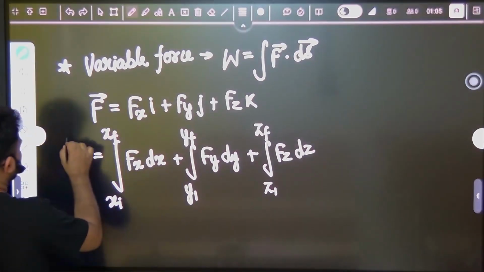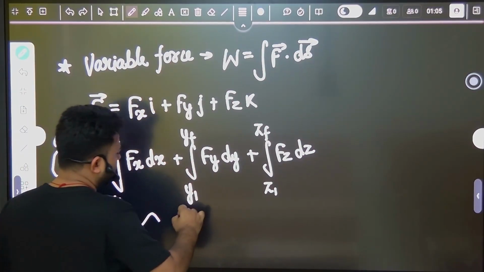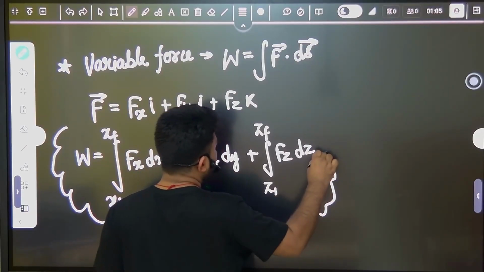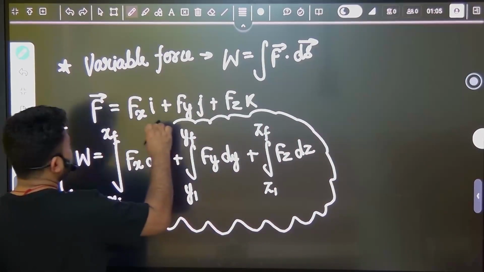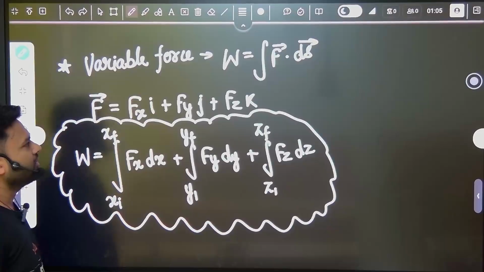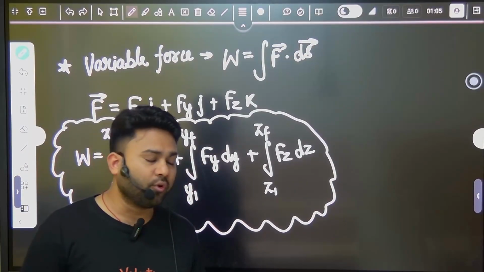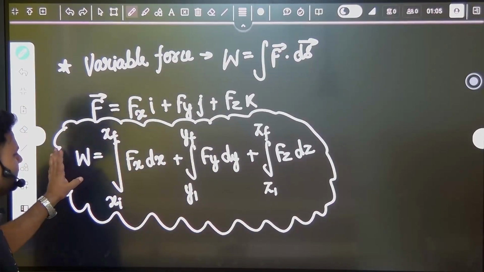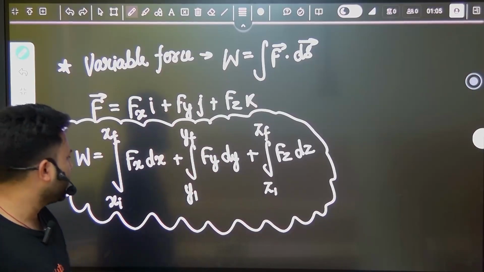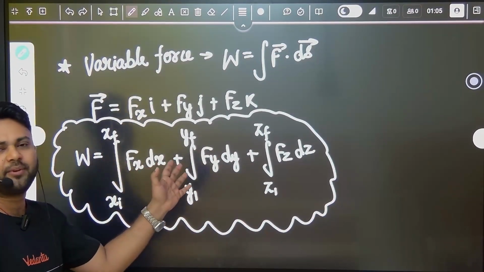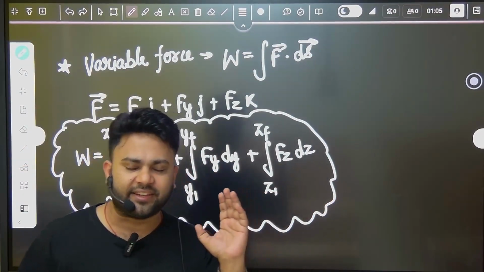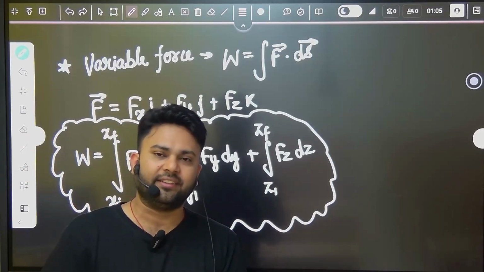So this formula, you remember, is very important. Whenever the force is variable, always use this formula for work: integration of fx dx plus integration of fy dy plus integration of fz dz.